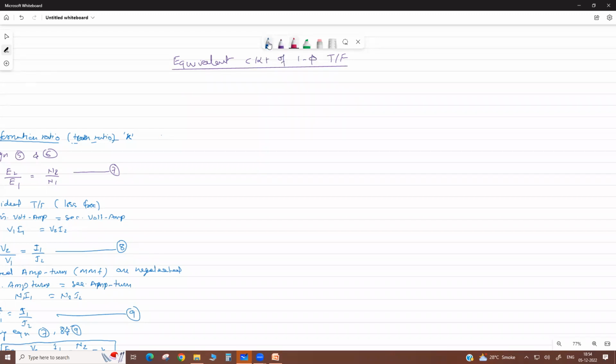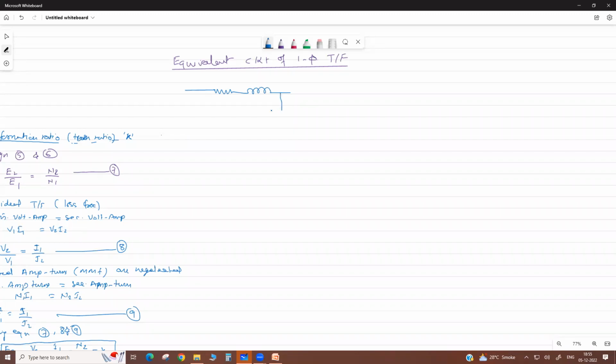As I told, because your primary winding consists of wire, there is a resistance of the primary winding. Then there is a leakage reactance, the primary leakage reactance.